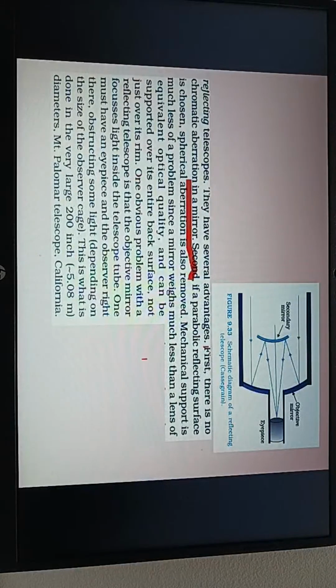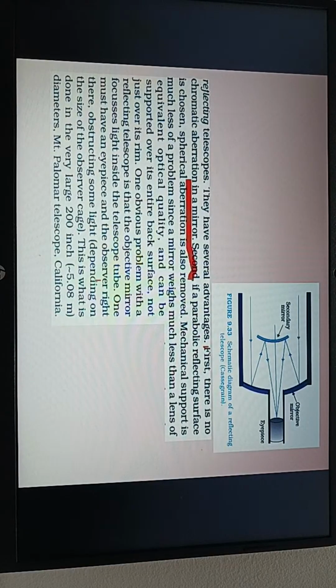Sir, what is chromatic aberration? Chromatic aberration means generally when you see through lenses, the image is not clearly formed and colored images will come. You might have observed it also with spectacles sometimes, blue colors. That is called chromatic aberration.